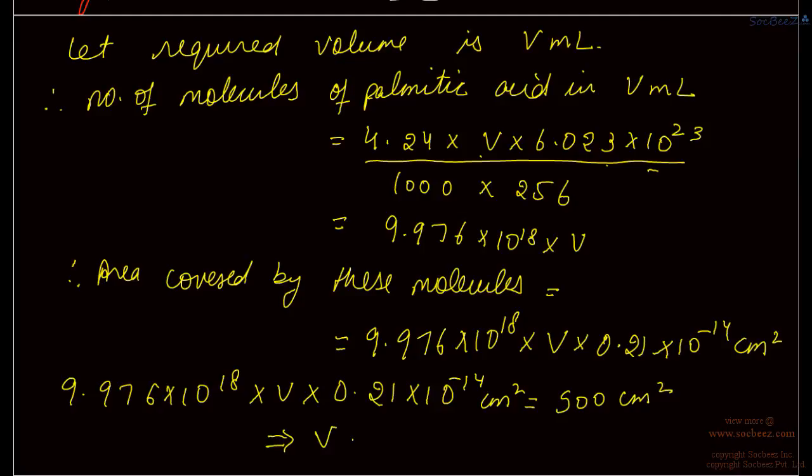So from here we get the value of V as 0.024 milliliter. So the required volume is 0.024 milliliter.